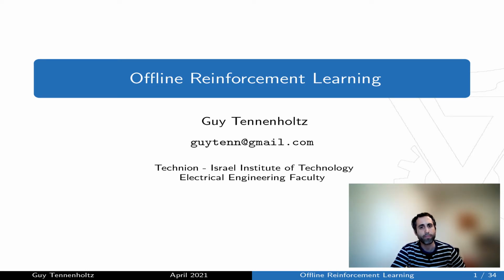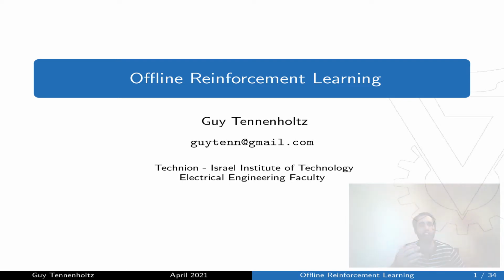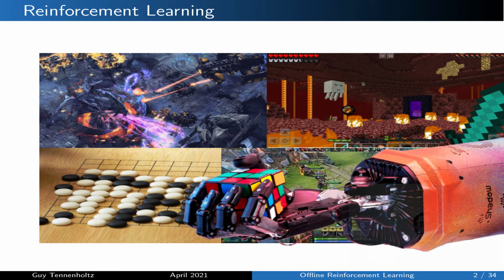So let's begin. Before we can start, it'll be good to give a short recap on online reinforcement learning. As probably most of you know, reinforcement learning has become a very strong tool in recent years, one that has proven itself to solve very difficult problems.